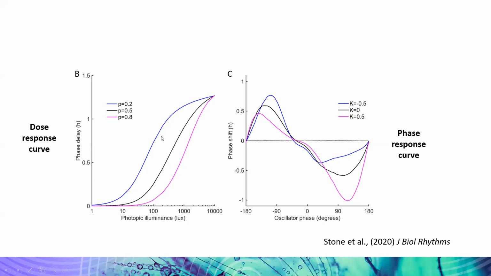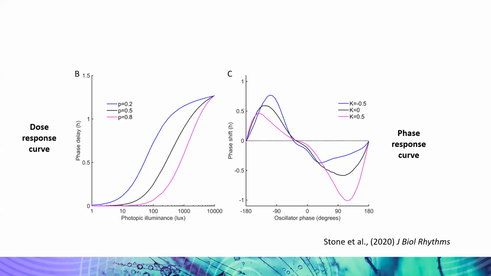If I make P smaller, if I bring it down to 0.2, I get a more sensitive response. The phase response is more sensitive at lower light levels. I can get quite a big response at 100 or even 10 lux. Whereas if I make P bigger, you get a later phase response where you need to get up to more like our really insensitive individual that we saw in that study who required over 400 lux to get to 50% melatonin suppression.